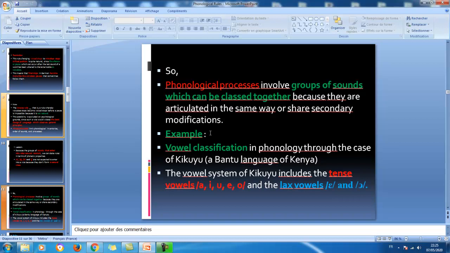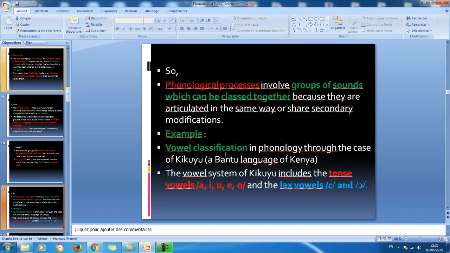Now let's have a look at a concrete example, and let's talk in particular about vowel classification. You know from phonetics that we can group vowels into some classes or groups according to their features. We can talk about, for example, front vowels as opposed to back vowels, about high vowels as opposed to low vowels, and we have got, for example, rounded as opposed to unrounded.